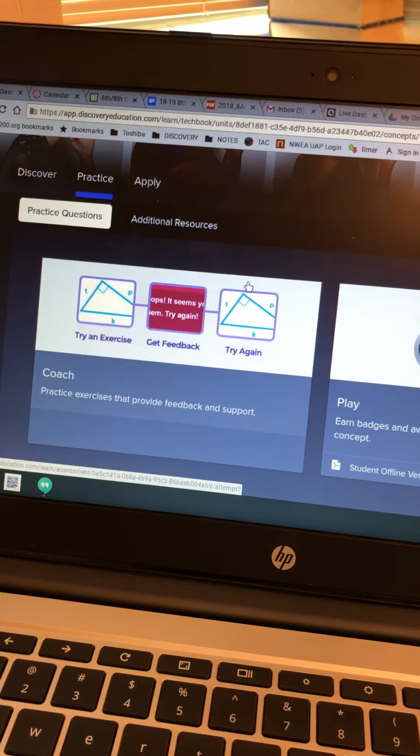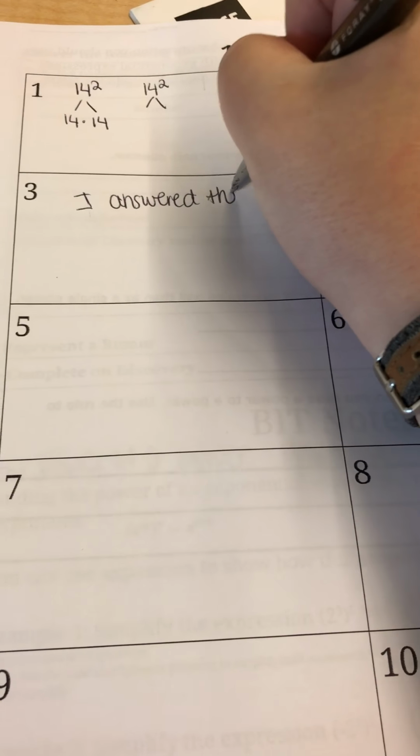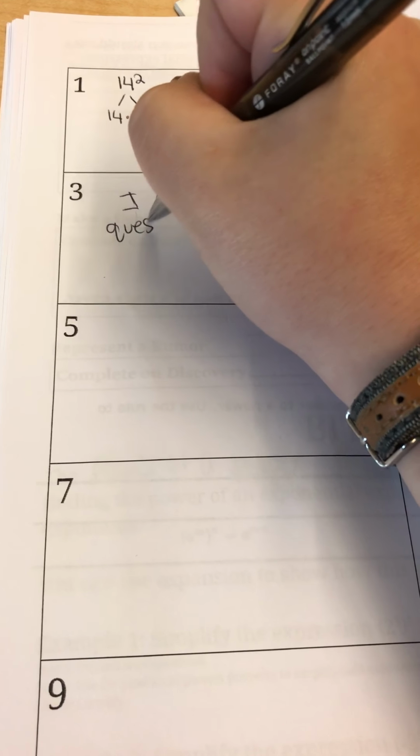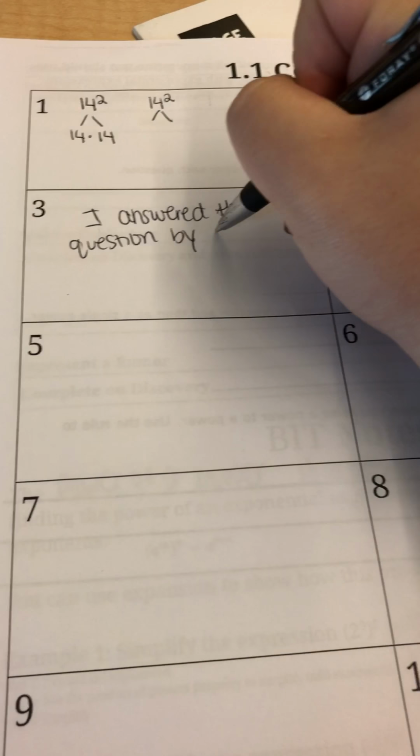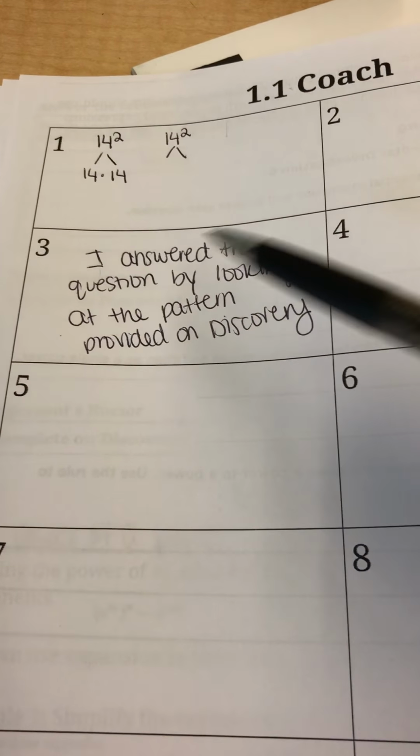So I answered the question by looking at the pattern provided on Discovery. This is an example of a good reason why you didn't show work.